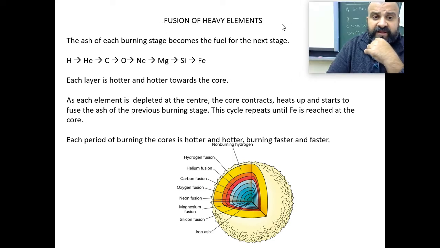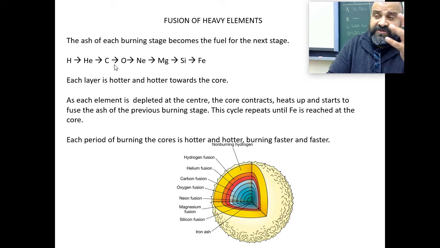So the fusion of heavy elements. The ash of each burning stage becomes the fuel for the next stage. So when hydrogen is completely fused, we have a core of helium. It collapses due to gravity, gets hot, then it starts fusing. The hydrogen becomes helium, the helium fuses into carbon.